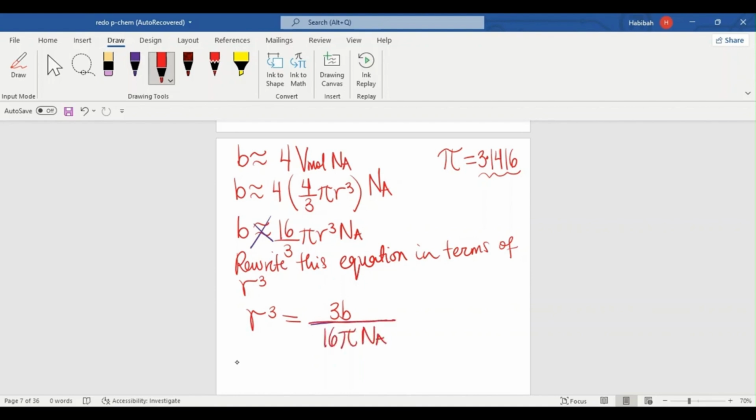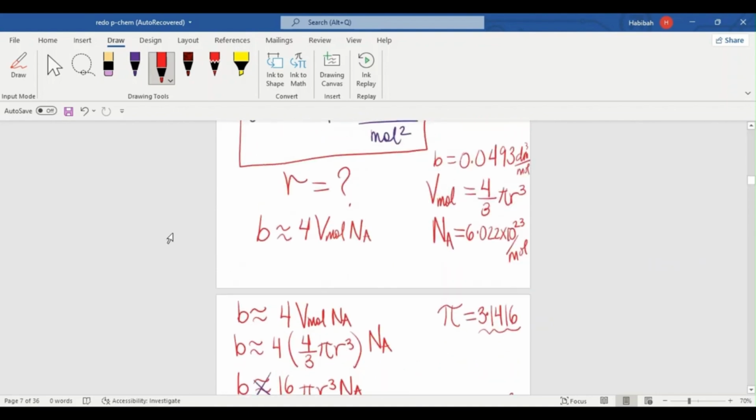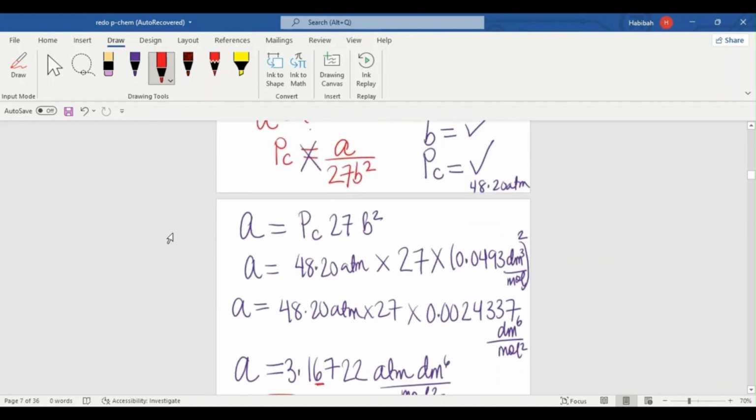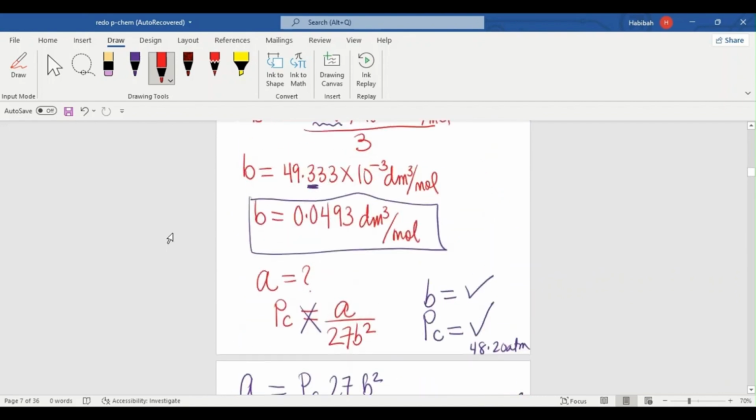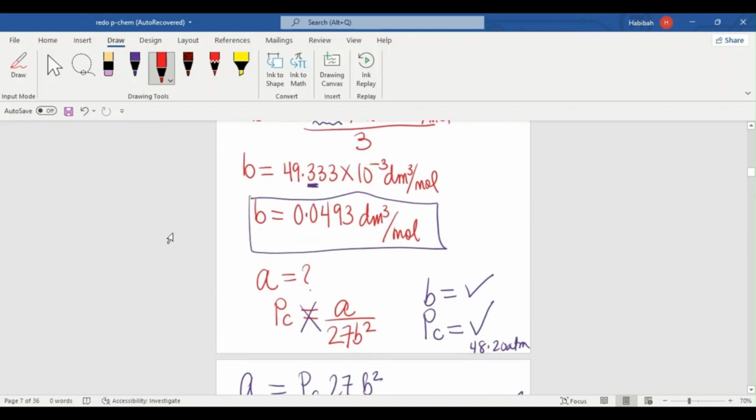Now all we simply have to do is substitute. So r cube is going to be 3 times B. B is 0.0493. But of course, because we're dealing with chemistry, I'm going to want to use more of the raw value, not just the approximated value.